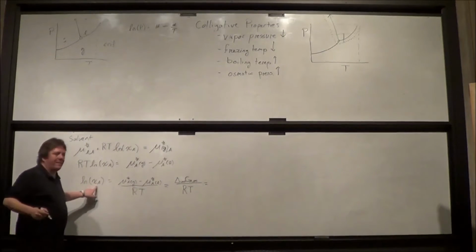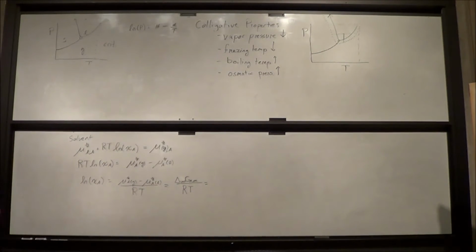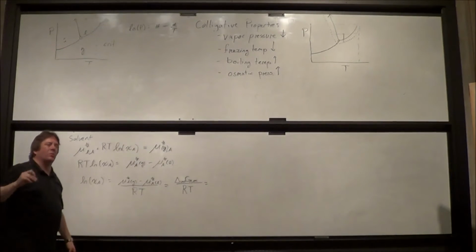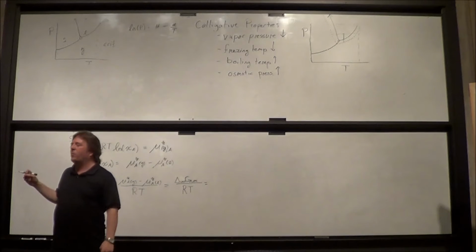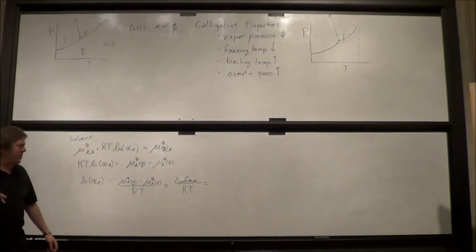Now, here's the thing. Again, this is the mole fraction of water. And the way we like to think about these, just as normal human behavior, is that you don't add water to salt, you add salt to water. So we like to think of mole fractions not of the solvent, but of the solute.